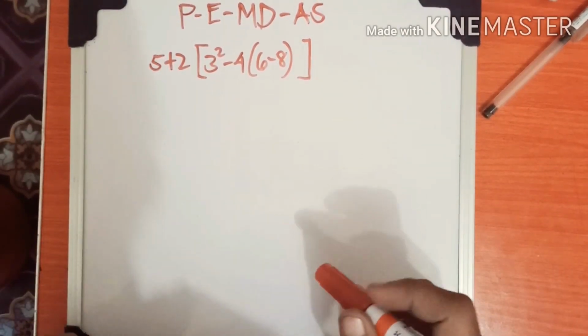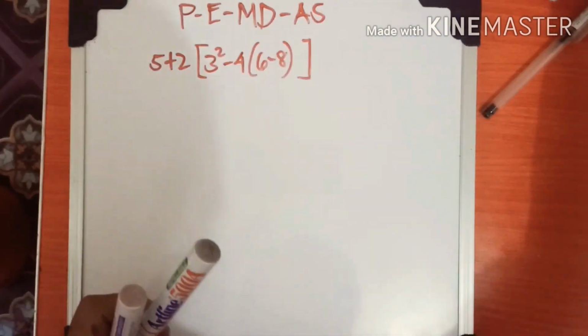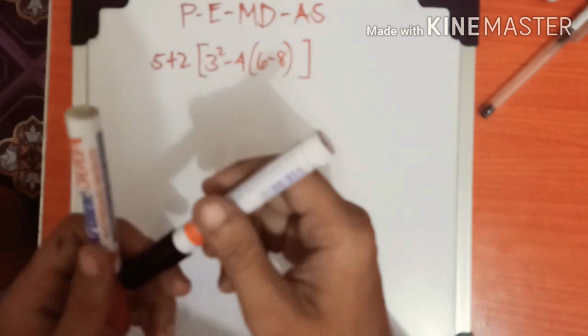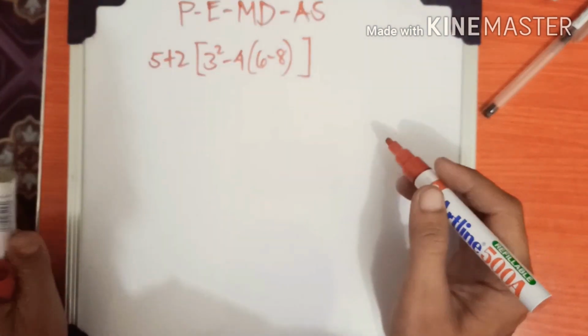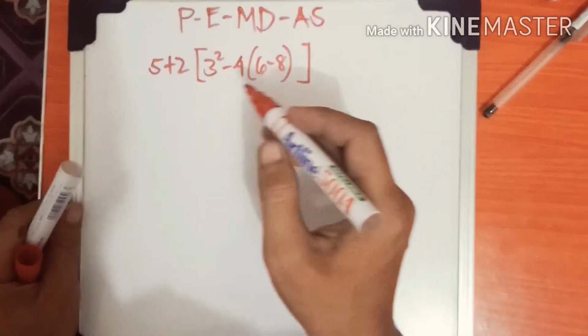And now we have the first example. In this problem we have to follow the PEMDAS rules, which are already written at the top of the problem.